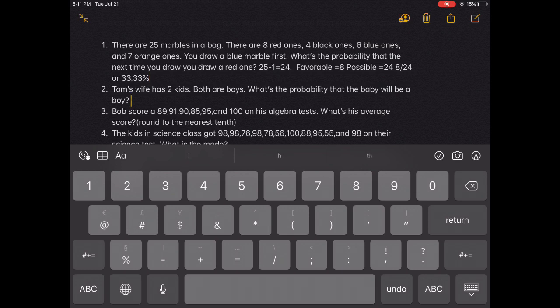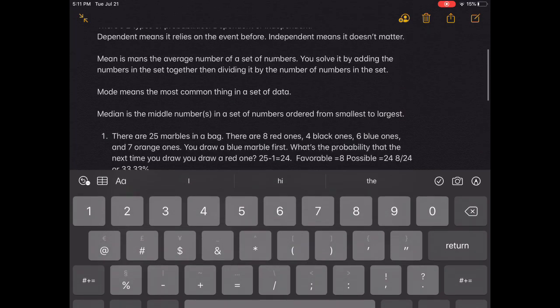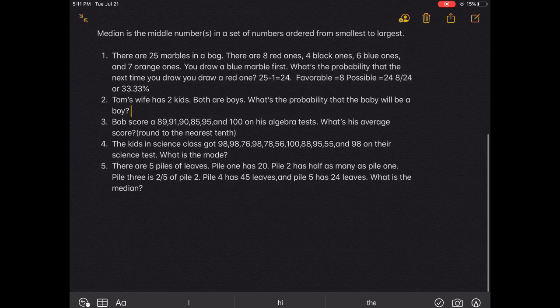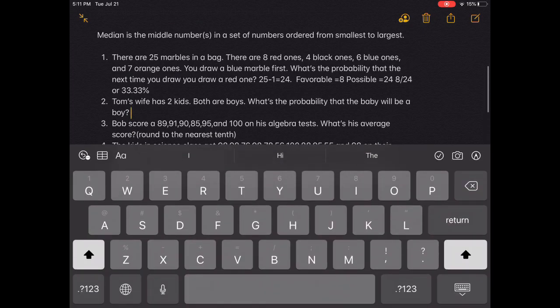So the answer is 8 over 24, 8 out of 24, or 33.3333 so on %.